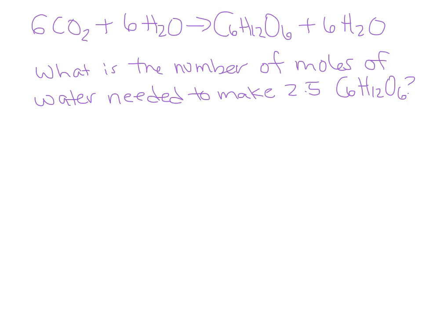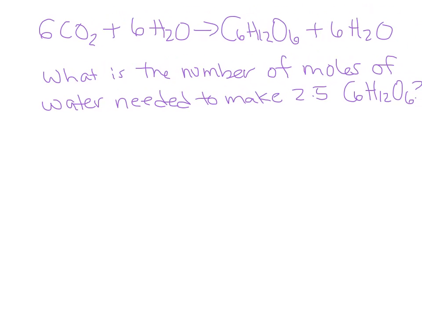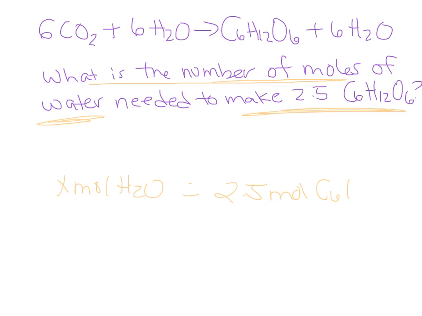In this next question, they want to know what's the number of moles of water needed to make 2.5 moles of glucose. So 2 ways of doing this again. We could start, as I like to every problem, of underlining what is given. So what is the number of moles of water? And given is the 2.5 moles of C6H12O6. So we make our little proportion, X moles of water, and 2.5 moles of glucose.